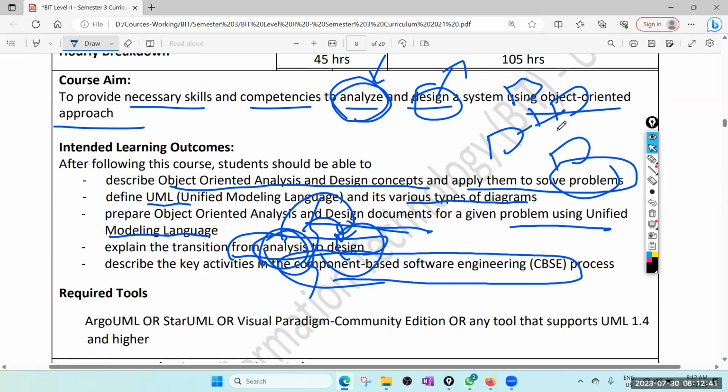So we use this similar approach in software development also. We tend to develop software as a set of components integrated through well-defined interfaces so that it's more reusable, maintainable, and so on. So we will be looking at how to do that also. So those are some objectives of this particular subject.